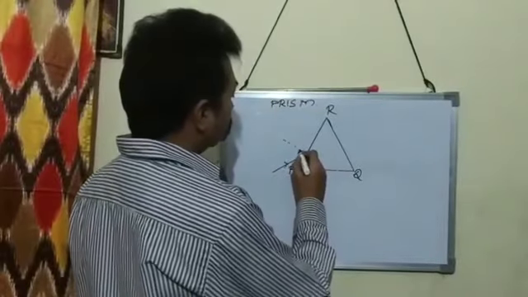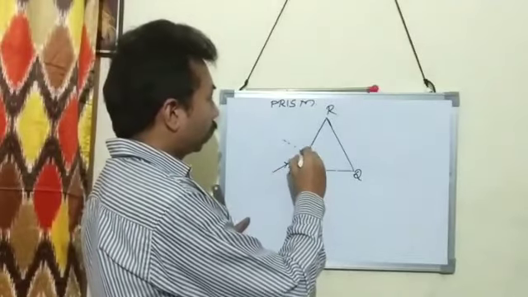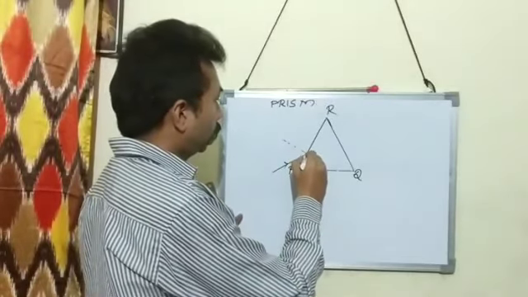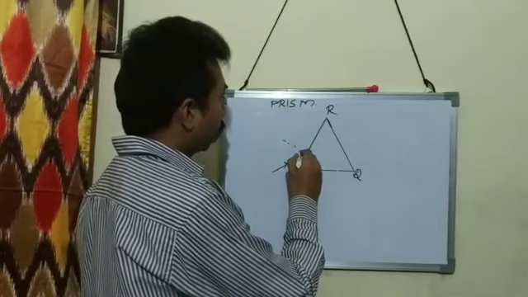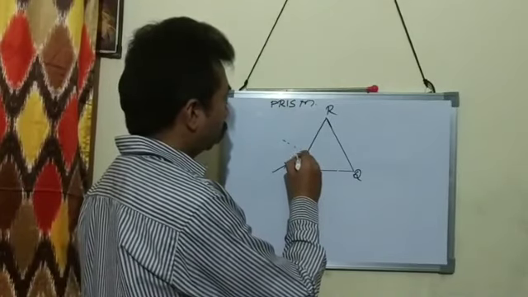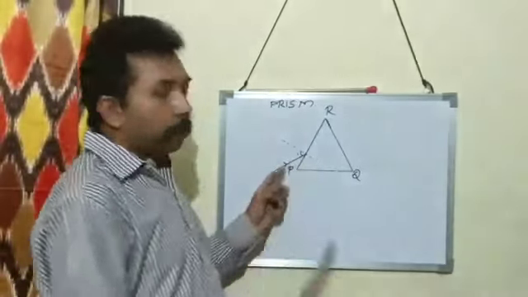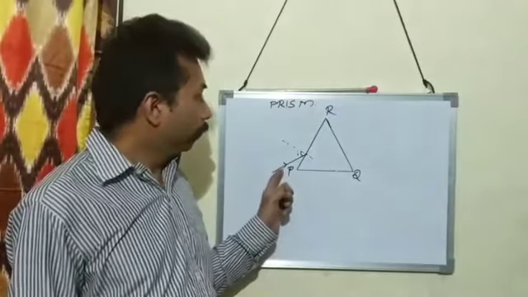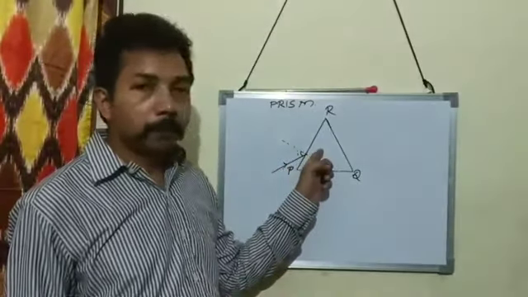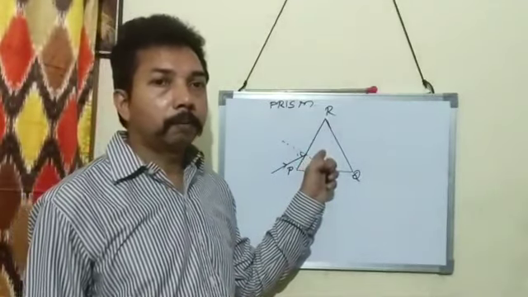The angle between the incident ray and the normal is called the angle of incidence. As the ray of light passes from rarer to denser medium, this is air and this is glass, the prism is made up of glass.